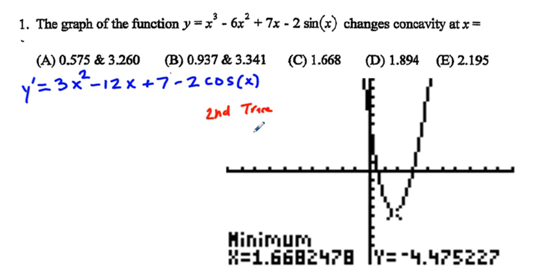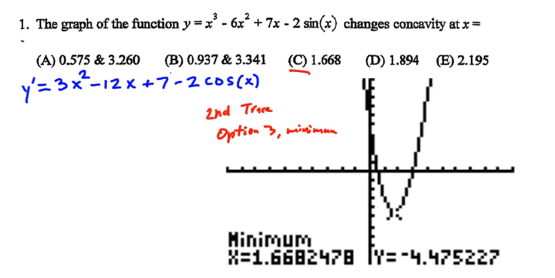And then looking at my calculator here, to find the minimum is option 3. Minimum. And we say set left, set right. And so based on what we see here, this thing looks an awful lot like answer C, doesn't it?